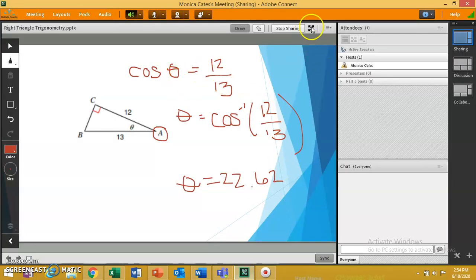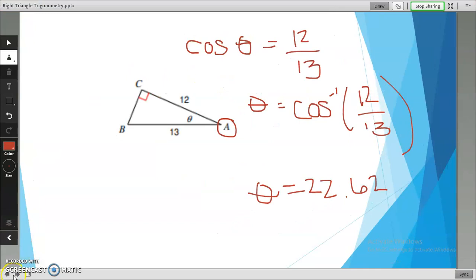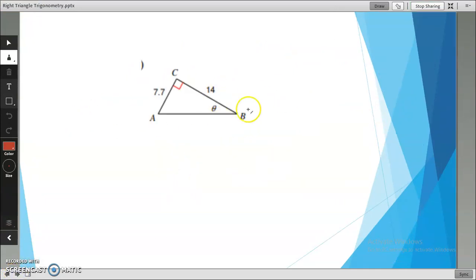So now let's do another one. All right, so again, we're finding this angle and we need to look at what we have. Well, we have the opposite side and we have the adjacent side. So the function that can give us that is tangent.